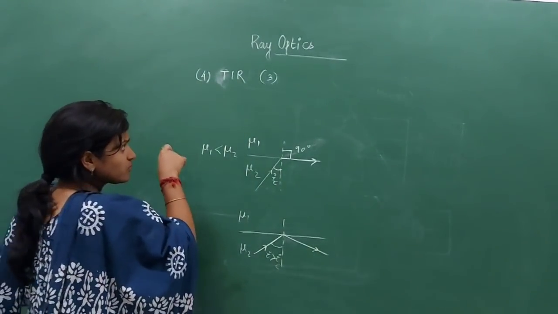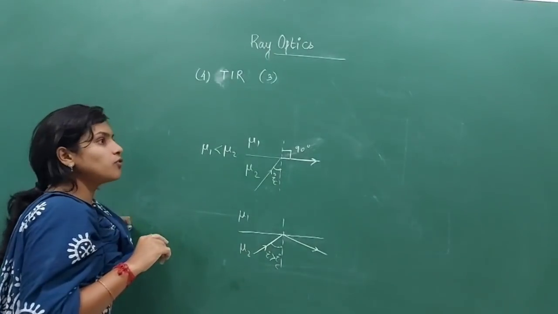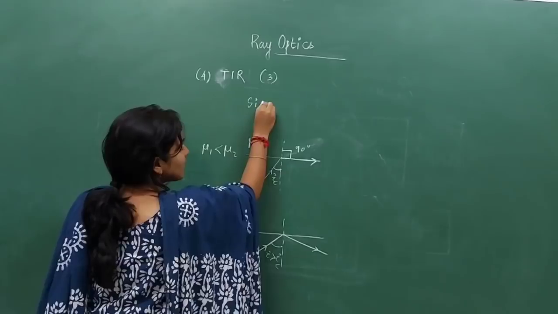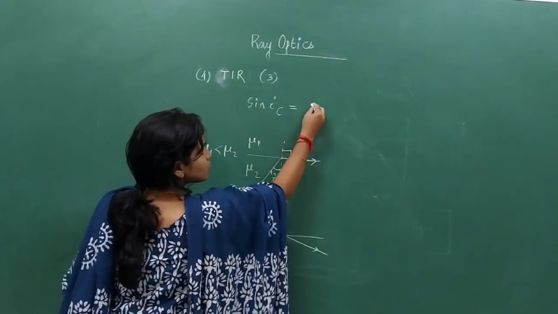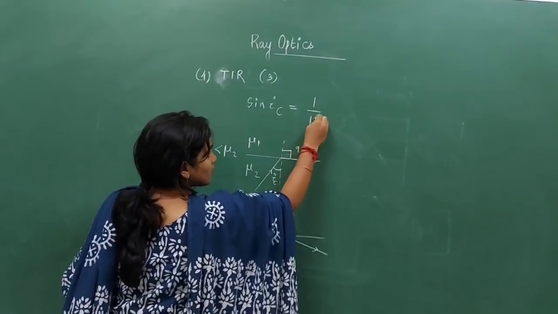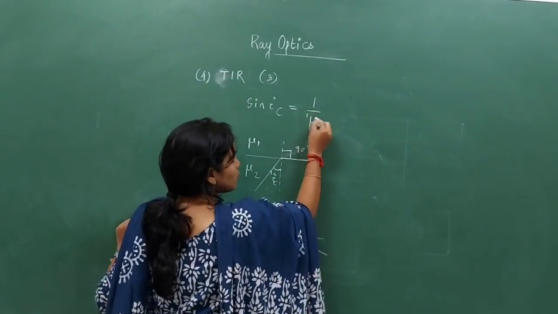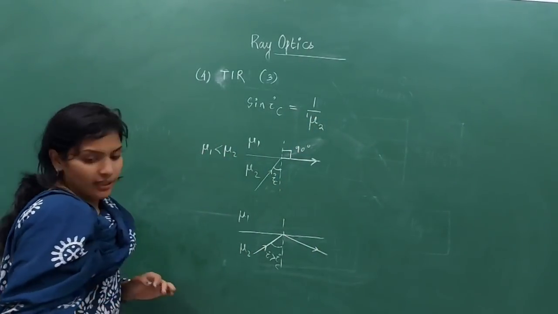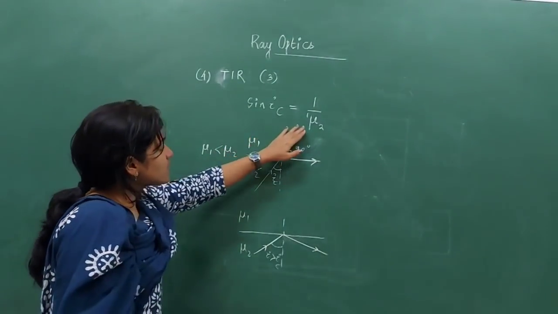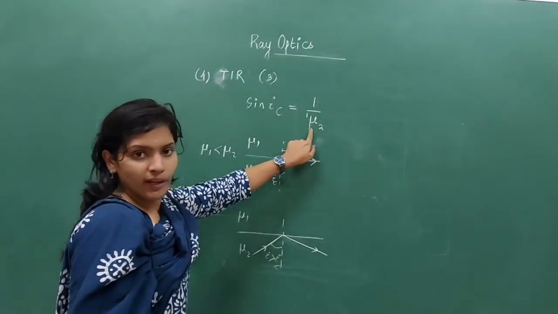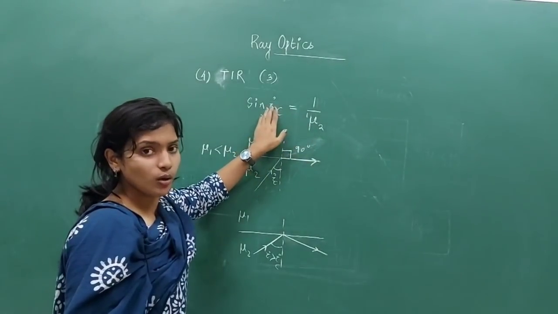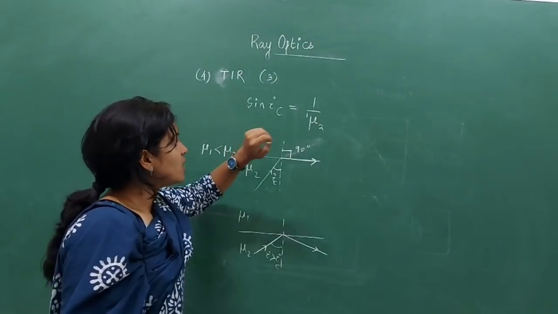Now, TIR, if you go through the derivation part, has the formula sin IC equals 1 by mu, or 1 by mu 1 2. Since mu depends on the wavelength of light, the critical angle also depends on the wavelength of light.